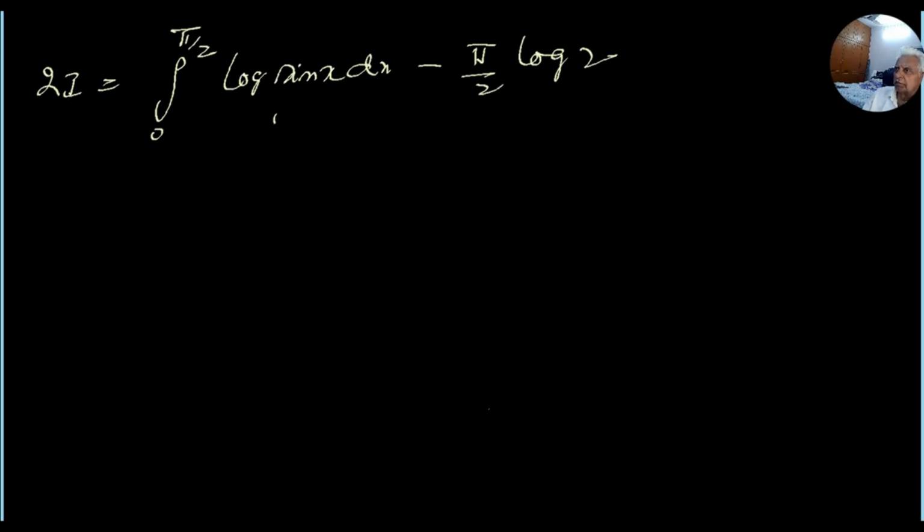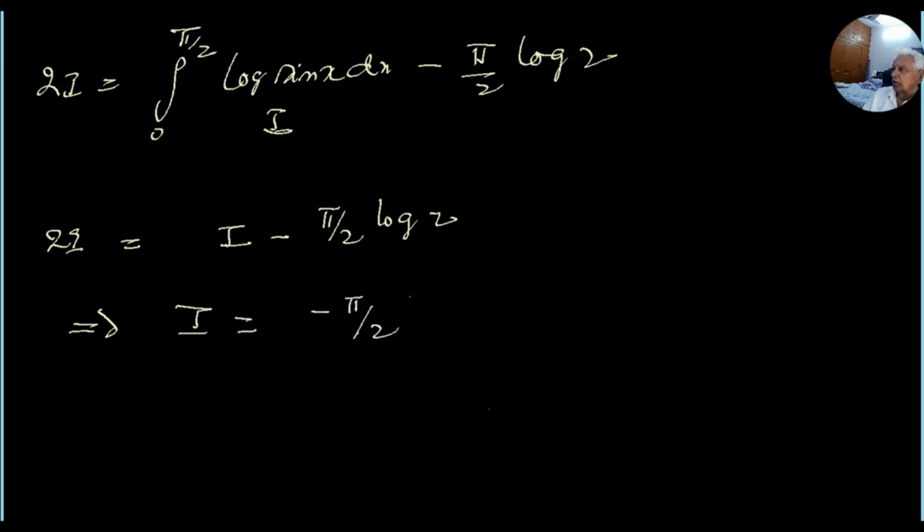So this is I. 2I equals I minus pi by 2 log 2. That means if you take I to this side, you get this equation: I equals minus pi by 2 log 2, the answer.